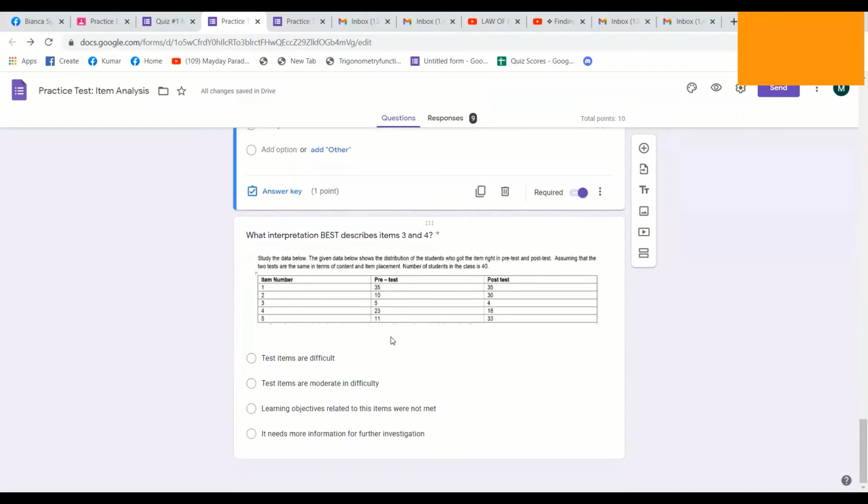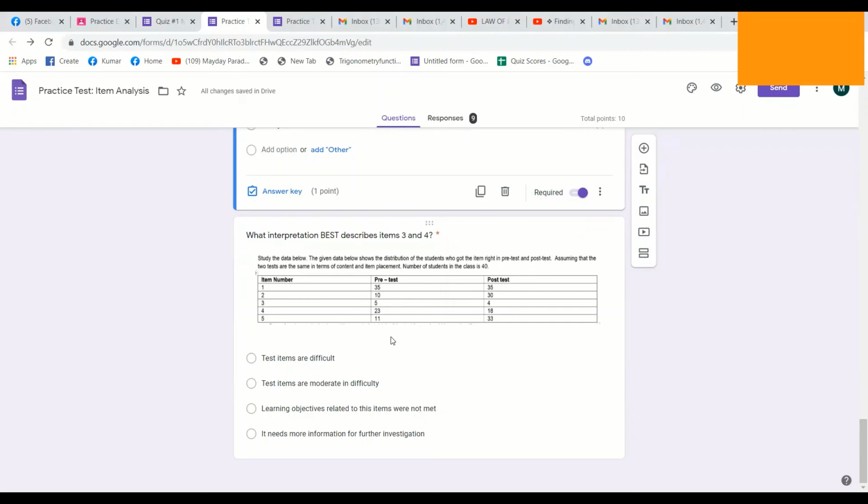Now next one, what is the best interpretation for items 3 and 4? Maybe it's difficult for item 3, but we cannot say that for item 4.